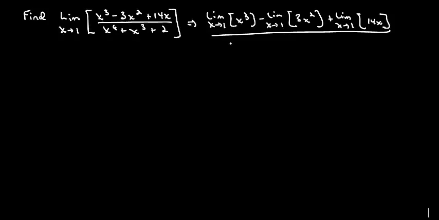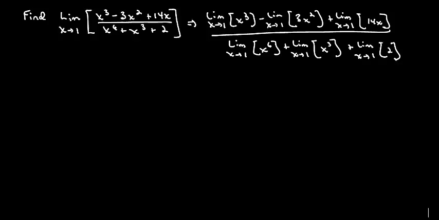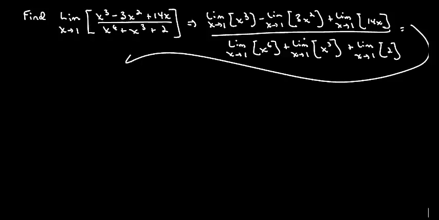And our denominator is the limit as x approaches 1 of x to the sixth. Okay, so we get all this, right? Now let's keep following our limit laws.